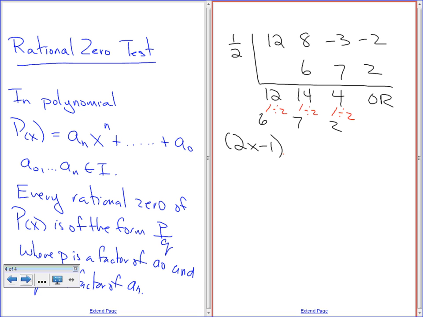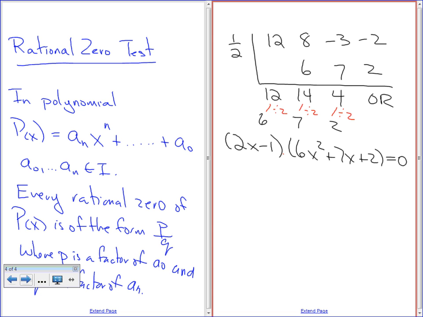So 2x minus 1 is my binomial, and again, if you write down x minus 1/2, you will lose marks. It's on standard form. So 2x minus 1 represents that 1/2, and then I'm left with the quotient 6x squared plus 7x plus 2.